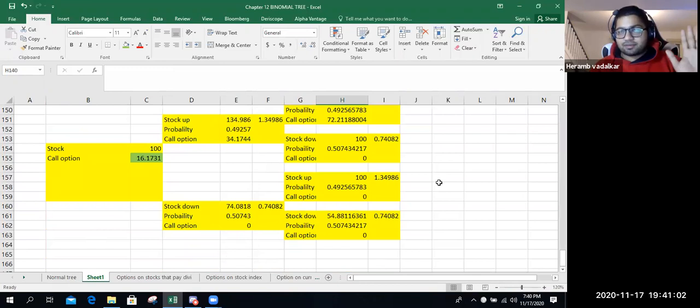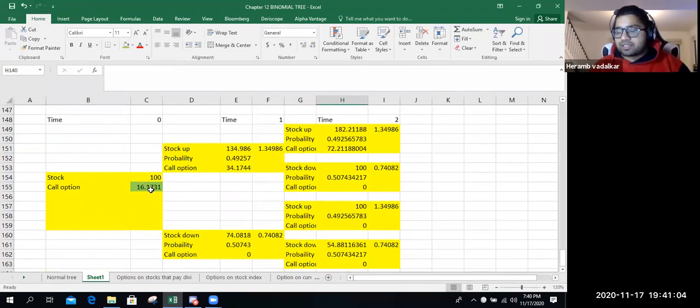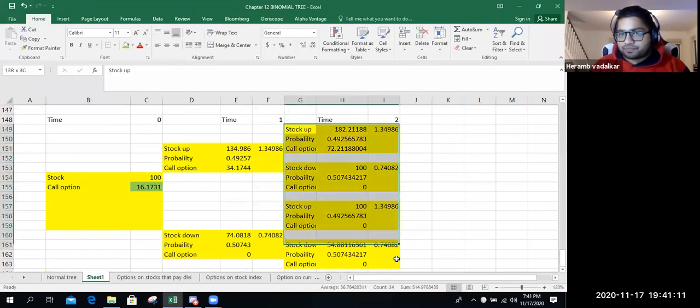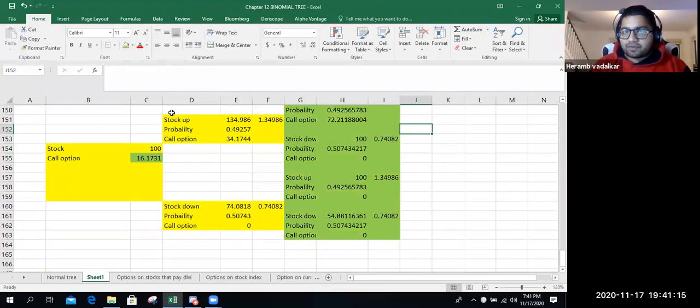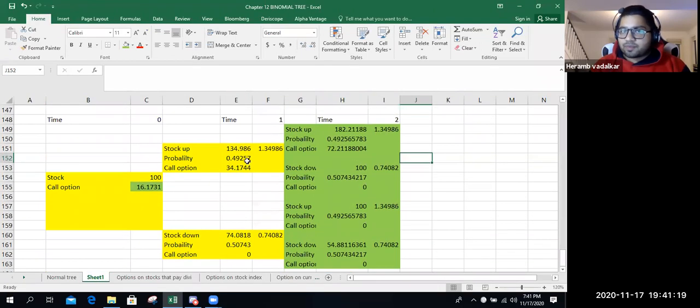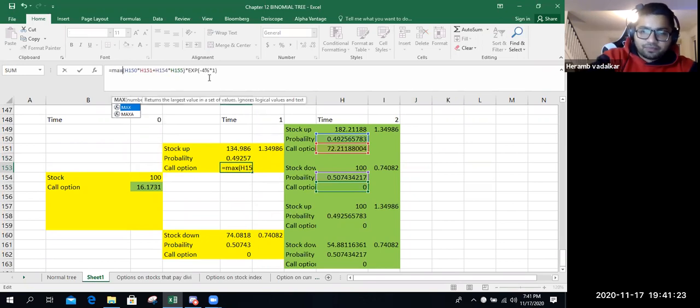Nothing changes. Once you have solved it, once you have calculated it, start using max functions. At root, nothing happens. So this is cool. This doesn't change anything. We have to change this and this. So first max function you have to use here: max of calculated value and early exercise price.